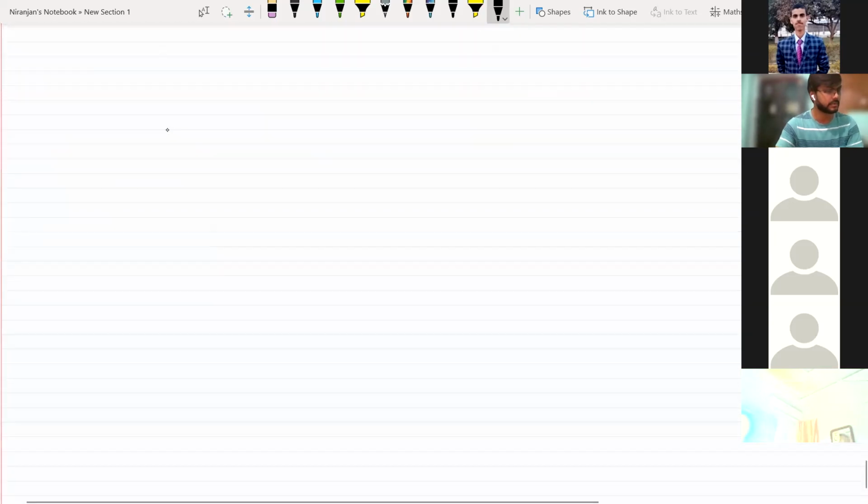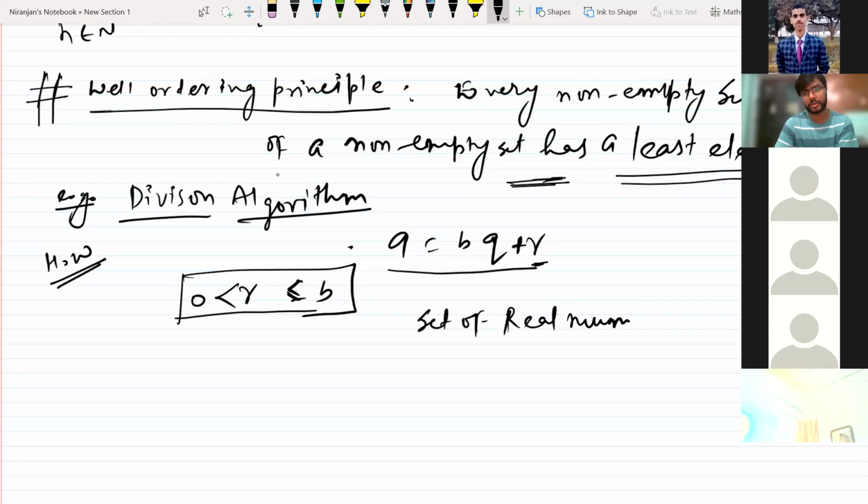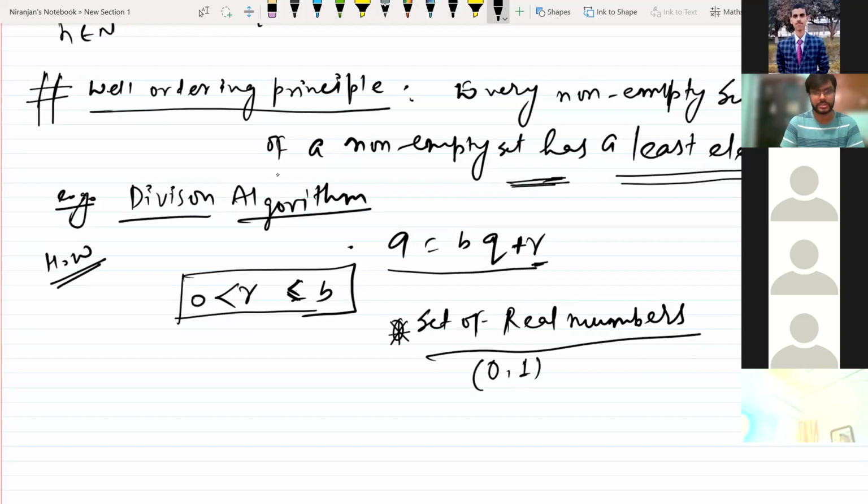Sir, repeat again. Okay. Let's take an example. The set of real numbers, is it empty or non-empty? Non-empty, because you have many real numbers in it, right? Yes, sir. So you take any subset of this real number set, say 0 to 1.